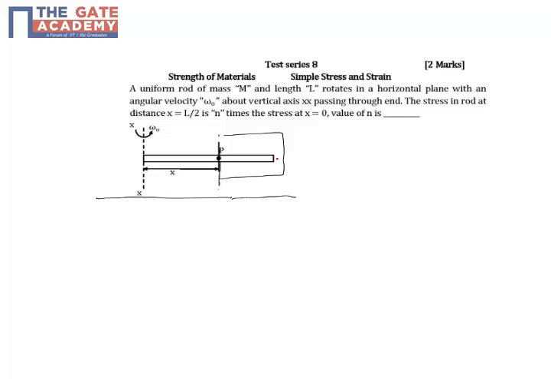Now the right side body is basically like this. What are the forces on it? Because we are taking the right side body, the left side body will exert some force, let's say tension T, the actual force which is T. There is no other force except gravity, which is the mass times g.